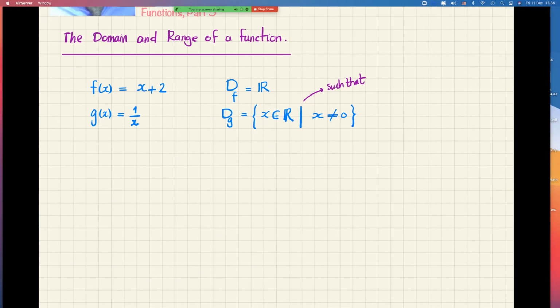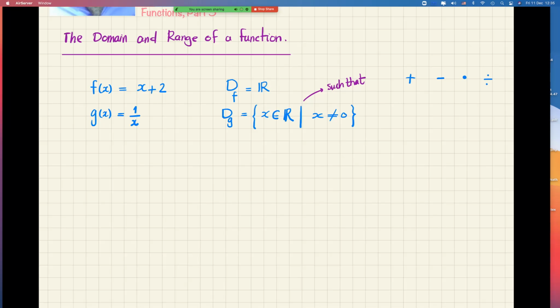Now let us review the operations that have some limitations. We have some operations that we learned about: addition, subtraction, multiplication, division, and then powers and roots.